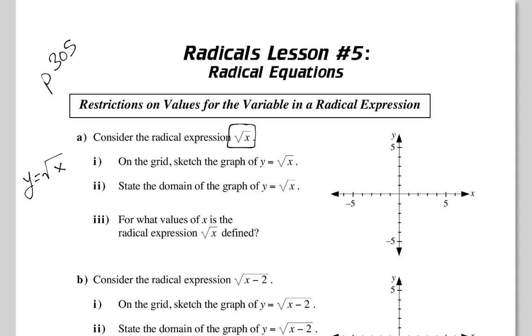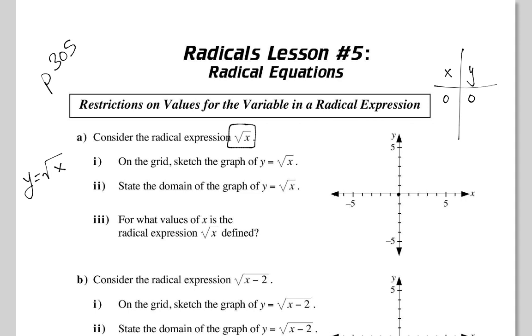So what's the first one you should try to use? Could you take the square root of 0? What's the square root of 0? 0. So the first point that you could use is right here. That would be when x is 0 and y is 0.